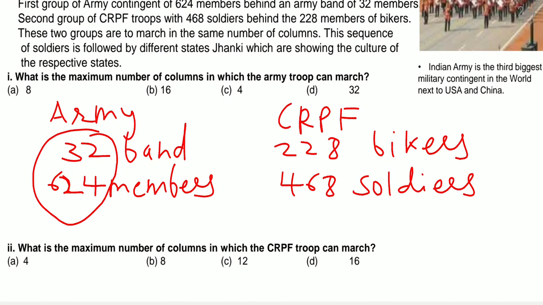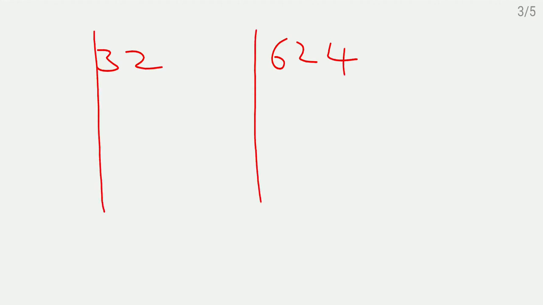If I find the LCM, the number will be very big and that many people are not there. So we have to go for HCF. We'll find the HCF of these two numbers, 32 and 624. To get the HCF, we have to write down the prime factors.